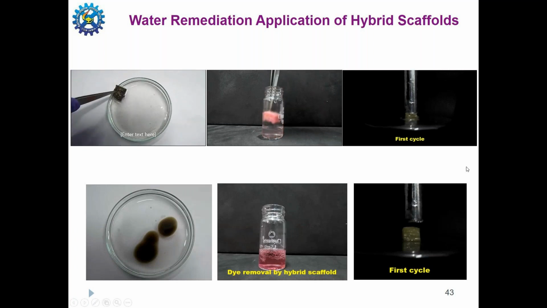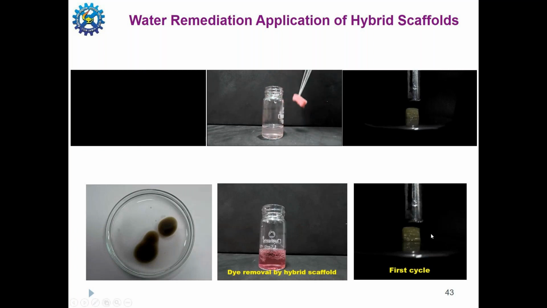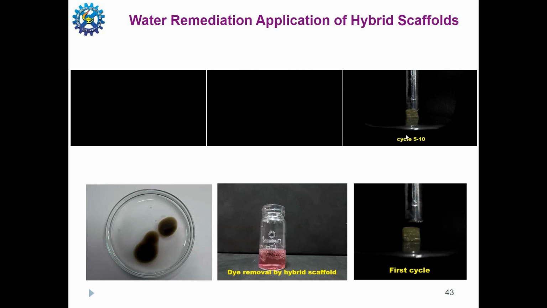And we also investigated that these materials have very good compressibility and release behavior, and we have studied this supercompressibility up to 100 cycles, and we found that the structure is not getting affected, which in principle provides scope for squeezing out these dyes and oil, and then we can reuse it for a number of cycles.